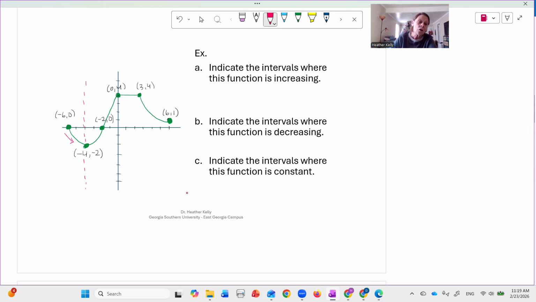And then when we start here at -4, looking from left to right, it goes uphill. So we're increasing, okay? And then from 0 to 3, after we get there, it changes directions and it's flat. And then it goes back down.